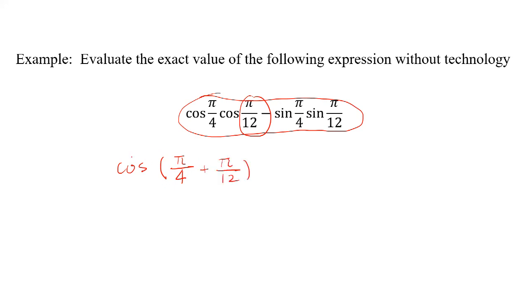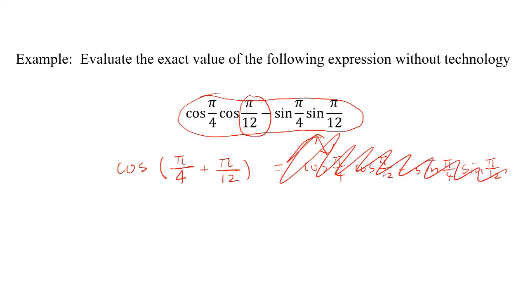Because according to the compound angle formula, cosine alpha plus beta is cosine alpha cosine beta minus sine alpha sine beta, which is exactly what we want here, right? These two are the same.